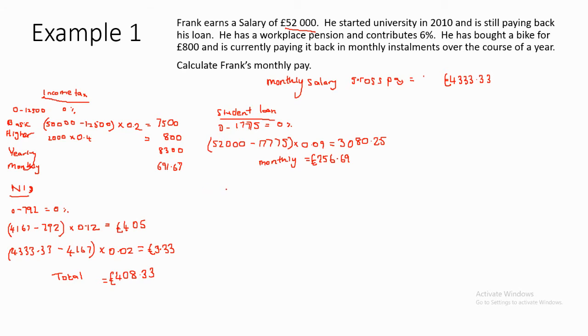Okay, finally we have, in fact, we've got two more things. We've got a pension. Again, which is a plain 6%.